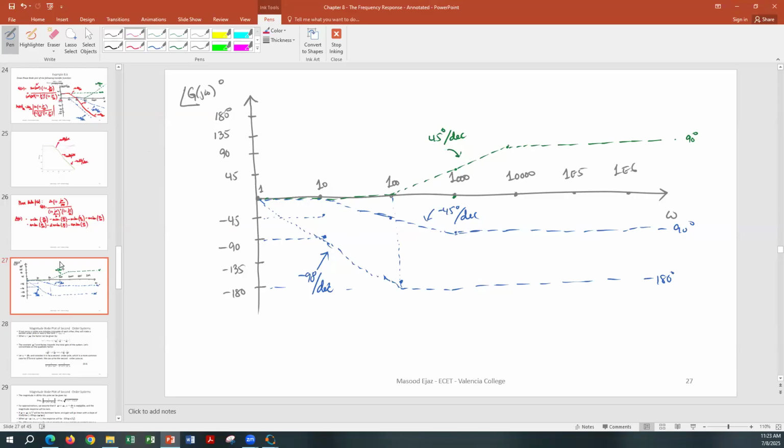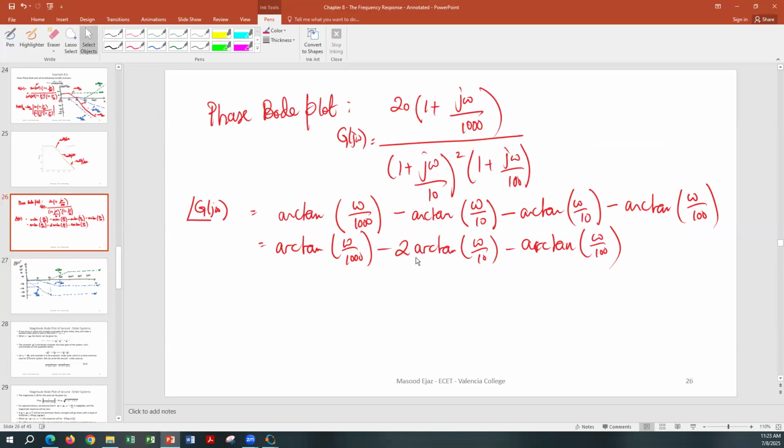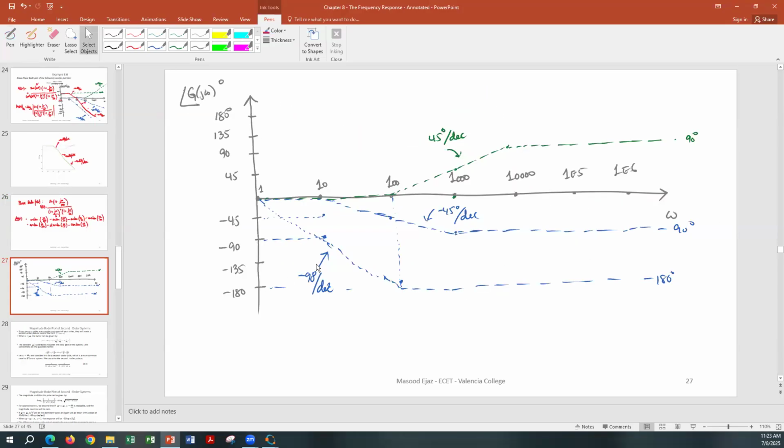Now we're going to add everything together according to our equation. Add and subtract these two, of course. In this case, add all of them. So we are starting at negative 90 degrees per decade until 10. And then we are going to continue with negative 45 plus negative 90, negative 135 degrees per decade until 100. So it's going to be even steeper.